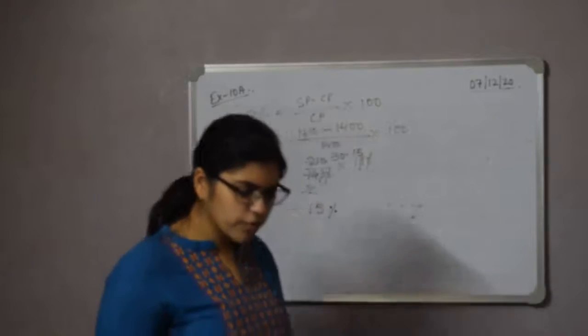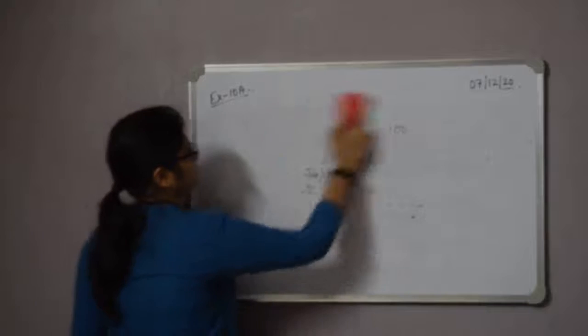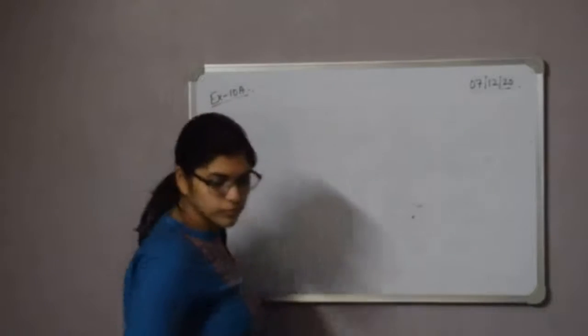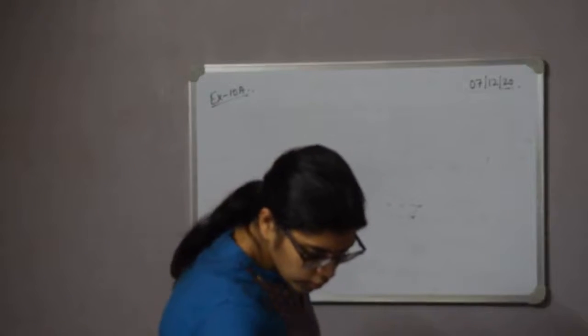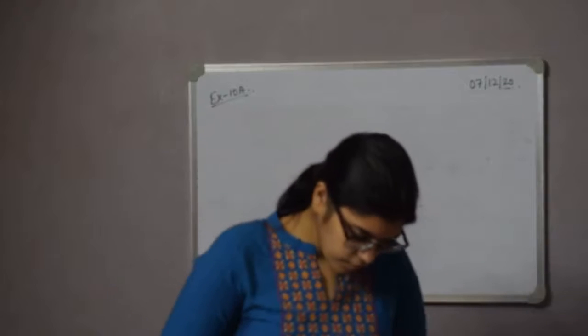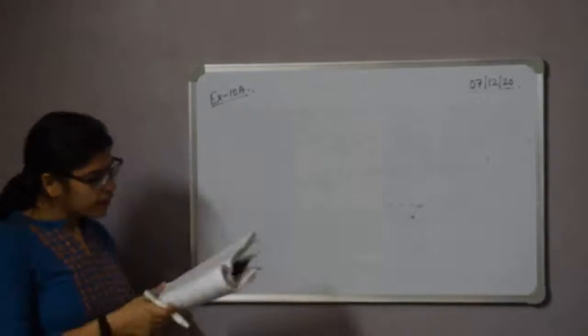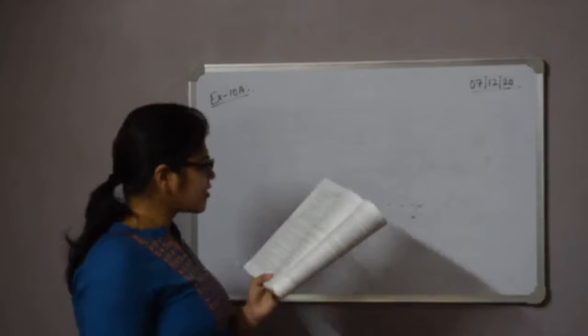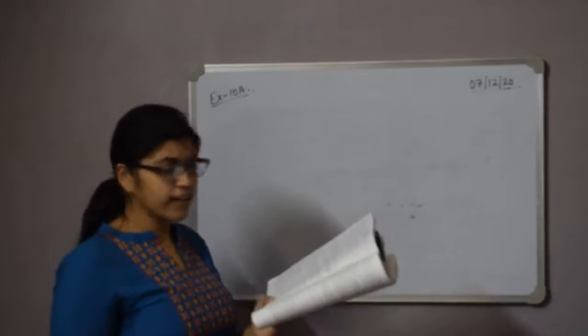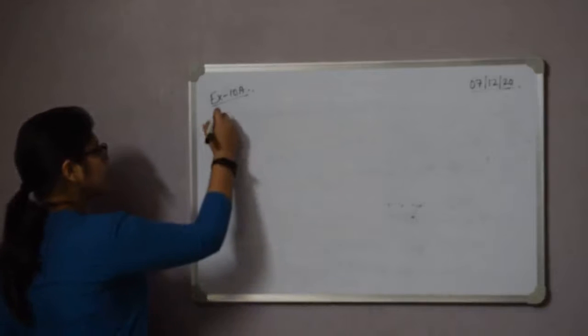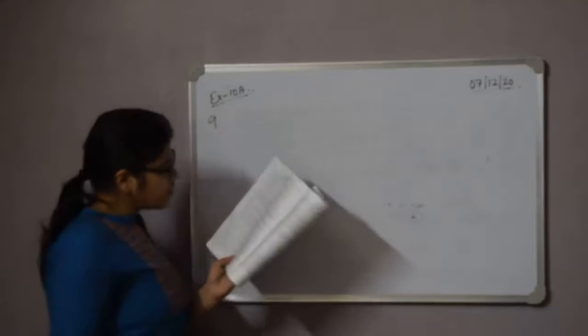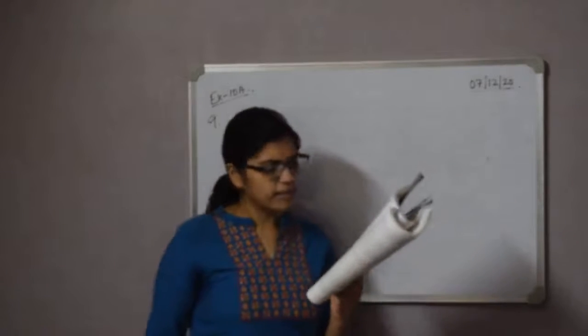So now let us move on to the next sum. So next sum we have, let us do sum number 9. So it says that the cost price of 12 candles is equals to the selling price of 15 candles, right?